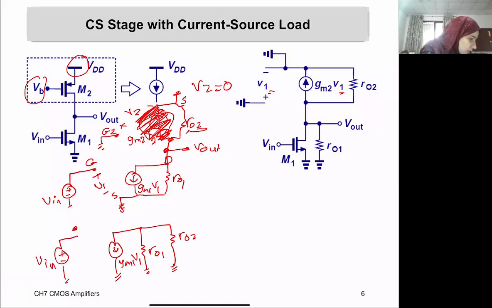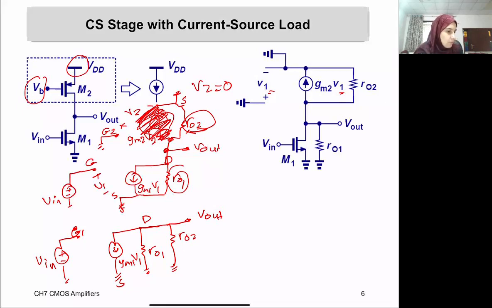And this is the gate of transistor 1, this is the source, and here the drain, and here V out. Does it make sense to you that the upper circuit, the model that we drew before, and the model down here are the same? Both from the drain, I see R out 1 down to ground, R out 2 down to ground. So they are in parallel with each other.